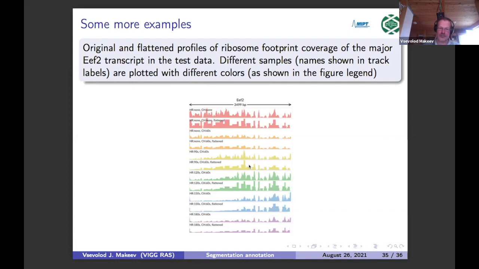So you can see that there are different samples, shown with different colors here, which are replicates of the same experiment. And if you consider the initial noisy data, it's much more difficult to make inference here because you've got highly noisy data, but there are some general properties of this.